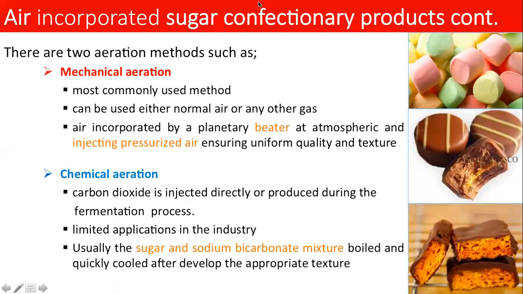So how do we do these things? There are two methods: mechanical and chemical. For mechanical aeration, we have to use different beaters or stirrers. When it comes to chemical aeration, we are using chemicals, for example sodium bicarbonate. When we heat the dough mixture developed with sodium bicarbonate as a carbon dioxide releasing agent, then as we increase the temperature, sodium bicarbonate will release carbon dioxide.